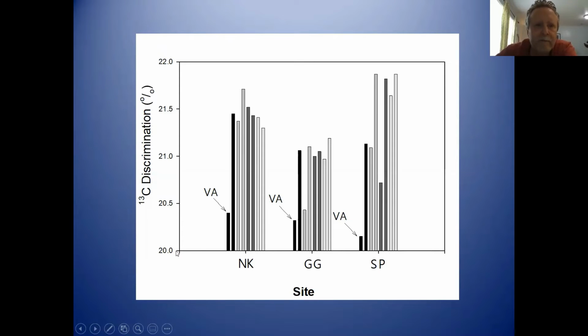I have it going from 20 to 22. So the variation isn't that large, but in fact I've done work where even those small differences in discrimination in black spruce provenance tests and progeny tests related to growth variation.